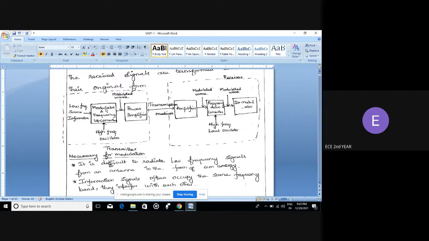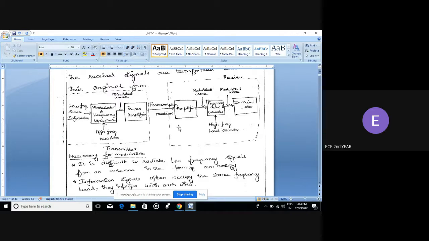Here we have used the modulator and frequency up converter; here we use the demodulator and frequency down converter, right. Here also we use a high frequency local oscillator to generate the high frequency carrier wave, right. Finally the demodulator output is the exact information that we transmitted initially. That is, the input given to the modulator can finally be obtained as output from the demodulator.